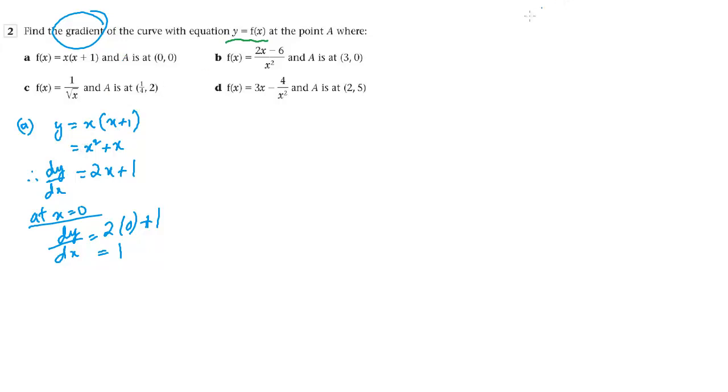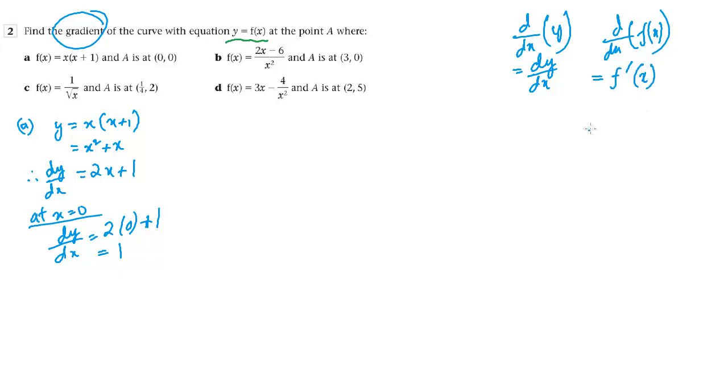Now let me say something about when we differentiate y, the derivative is written as dy by dx. What about differentiating f(x)? After all, they are writing y equals f(x). The derivative of f(x) is written as f prime x. Now be very careful. This is f to the power minus 1 of x, which is called the inverse of the function.